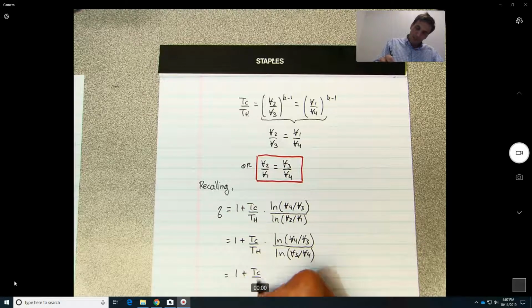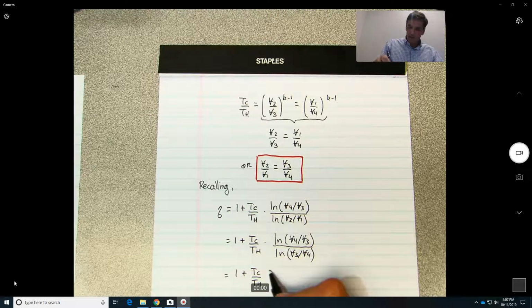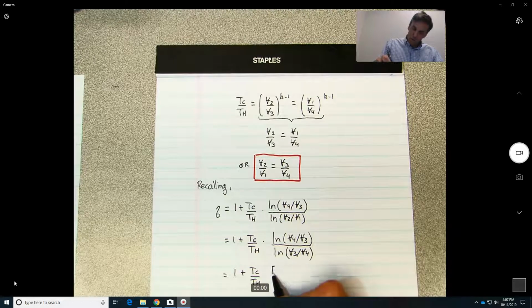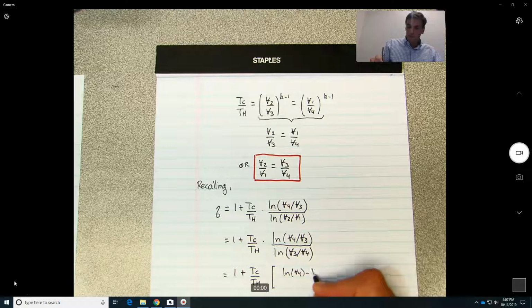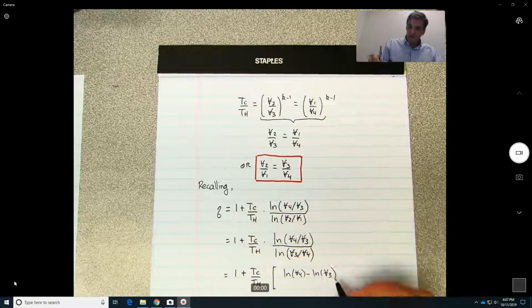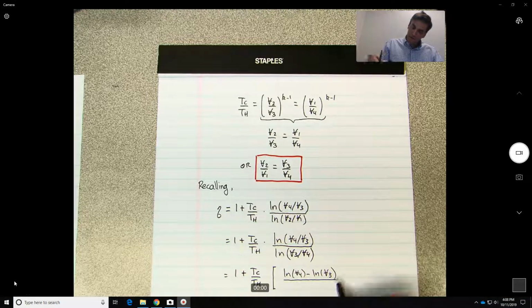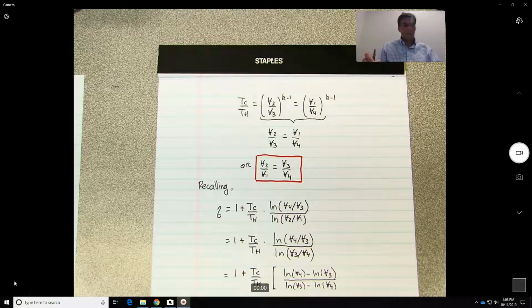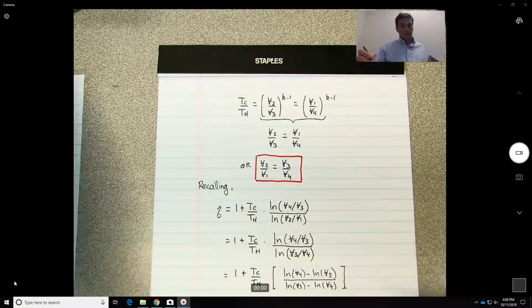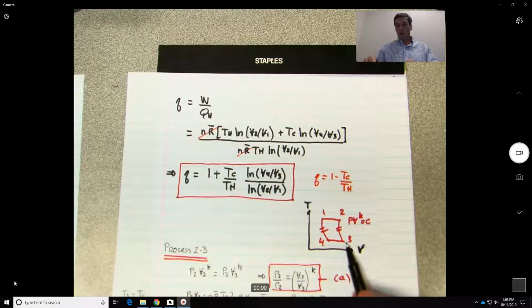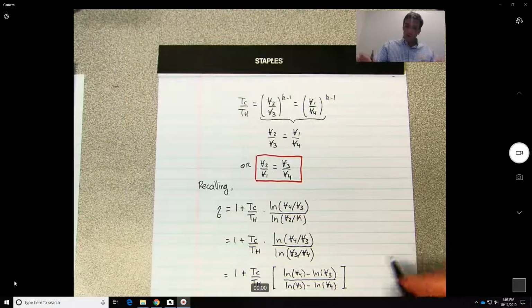1 plus Tc over Th, and this will be equal to what? Log V4 minus log V3 divided by log V3 minus log V4. So really here it doesn't matter what happens, but in the real case, V3 should be bigger than V4.